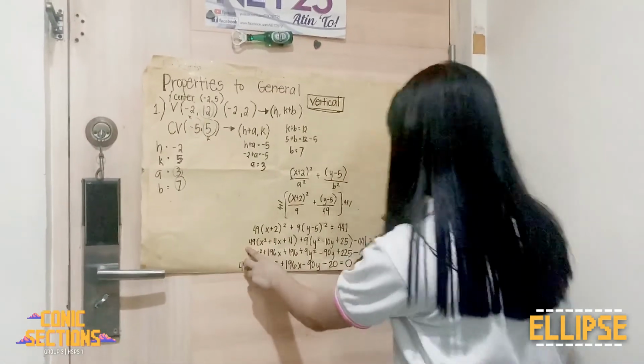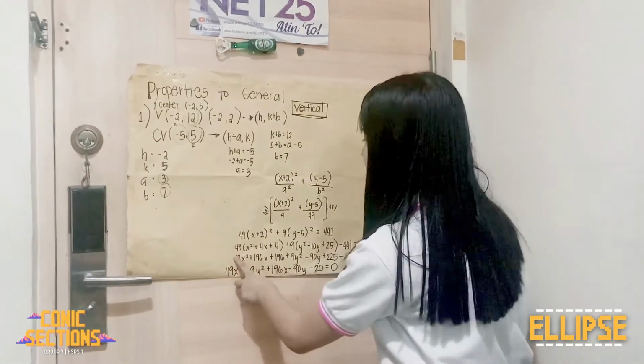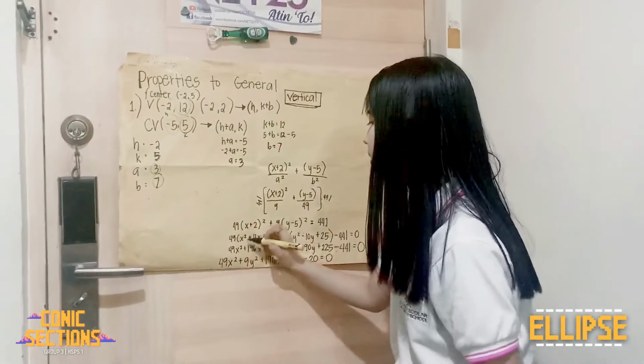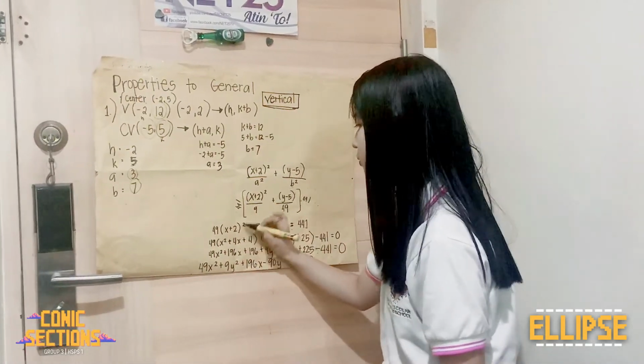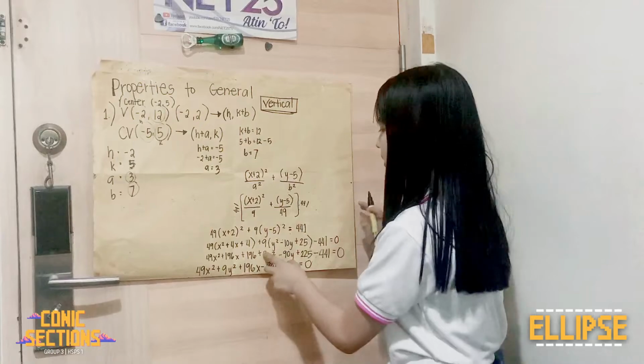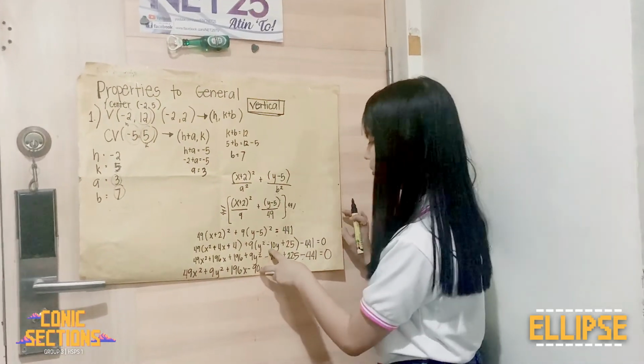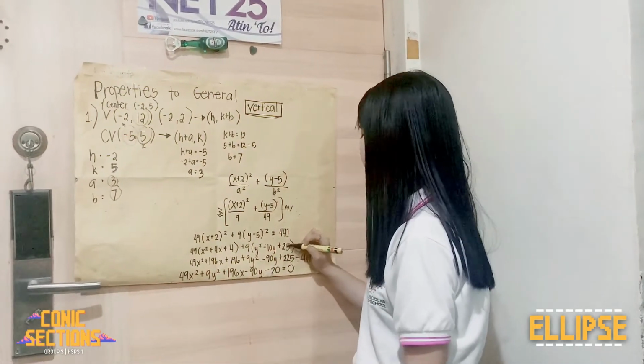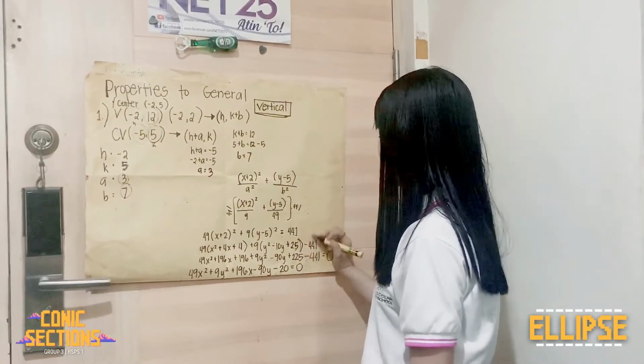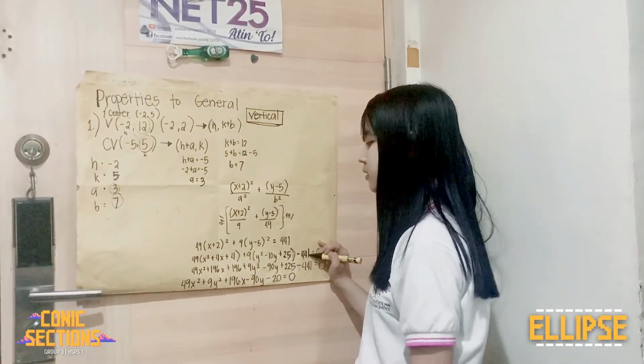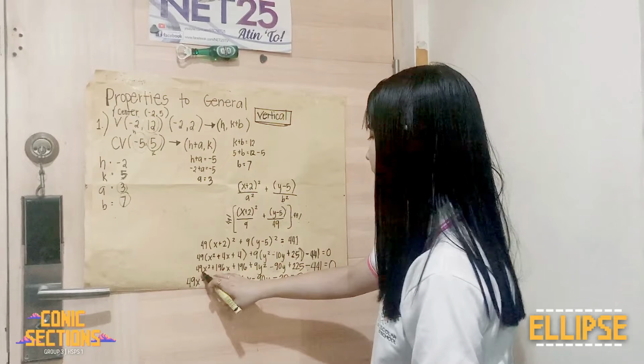For the next step, we have to expand the squares. 49 times x squared plus 4x plus 4, plus 9 times y squared minus 10y plus 25, minus 441. So we got 49x squared.